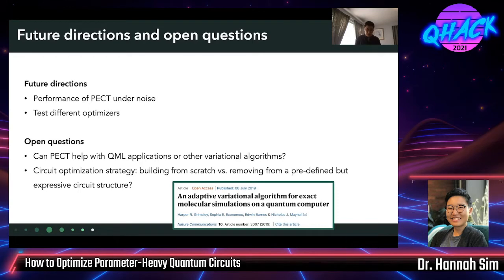But I wanted to compare that to a method like PECT, where instead of building from scratch, you're now taking a predefined but expressive circuit structure and removing gates from it in order to arrive at the solution. So it's kind of coming from two opposite ends, building from scratch or taking a flexible circuit and cutting down from that circuit structure. So it'll be interesting to see which one is more preferable for building and optimizing circuits.